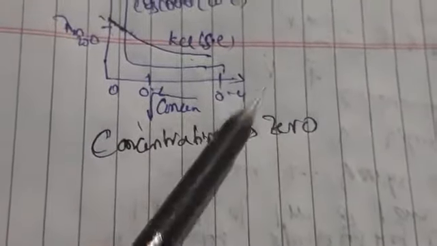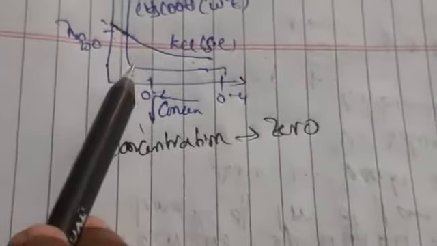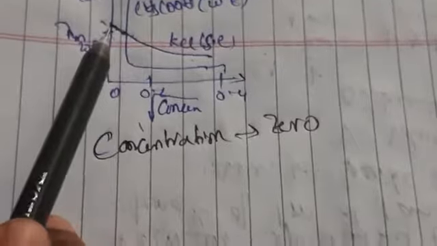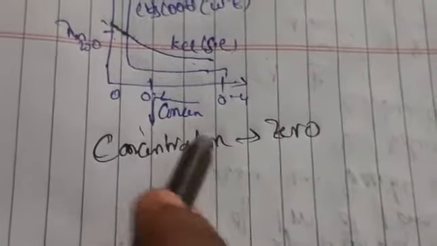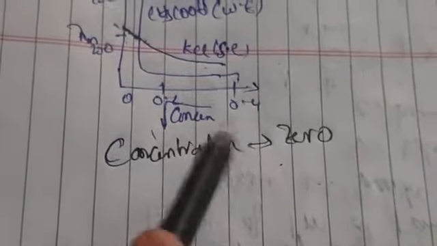Whenever we slowly increase the dilution, lambda m increases and the concentration approaches zero.